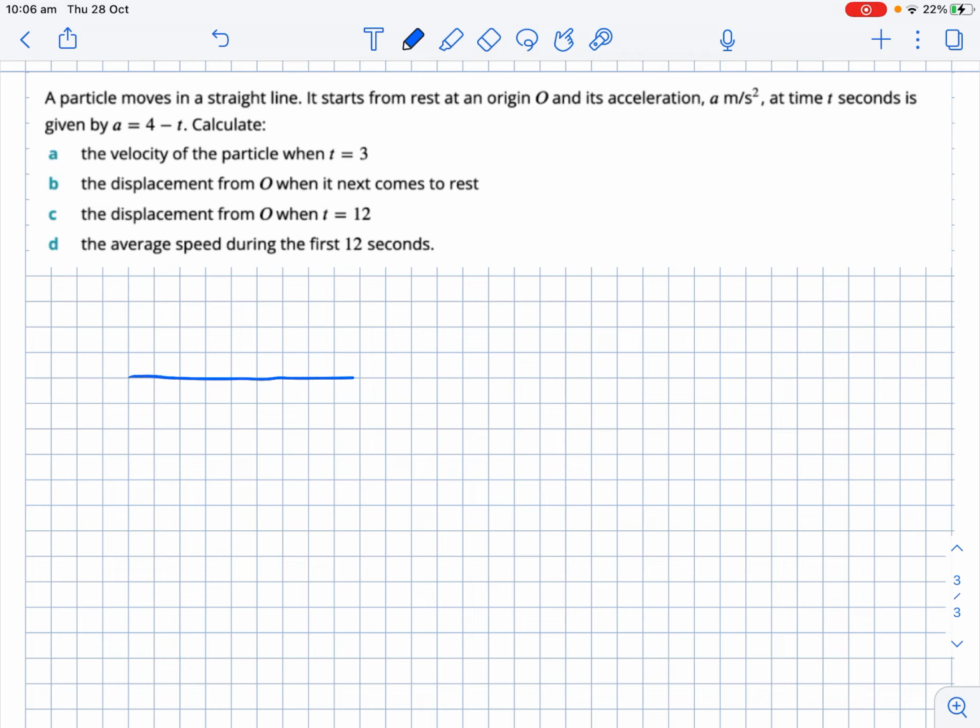It's moving in a straight line, so let's actually do a quick diagram. Here's my straight line, and we've got some position O, the origin. And we know that it starts from rest. So if it's starting from rest, that tells me that the velocity is equal to 0 when time equals 0.